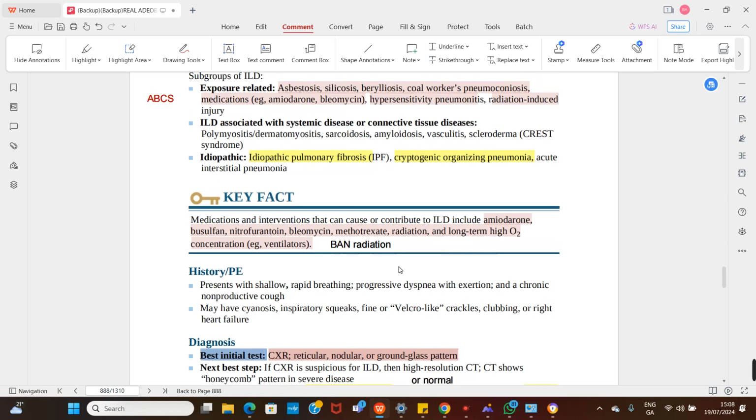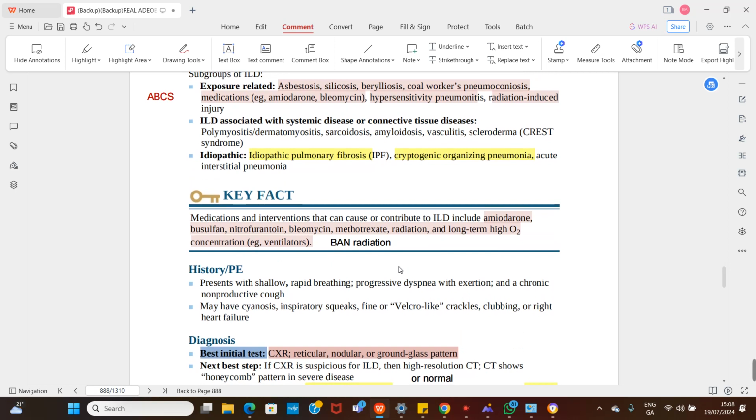Now I'm setting the question myself. We can put it there that the ratio is more than 70. Let's say the ratio is 80 and FEV1 is 90. Are you still going to be picking restrictive? Sorry, let me come again.